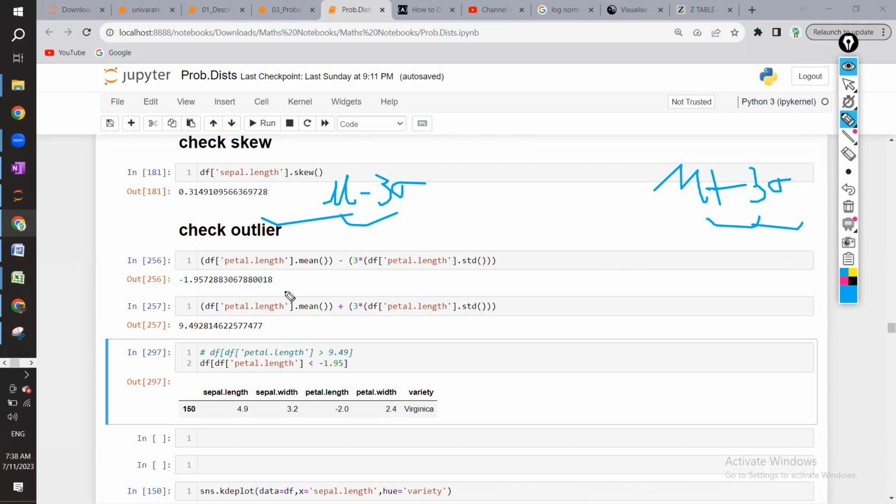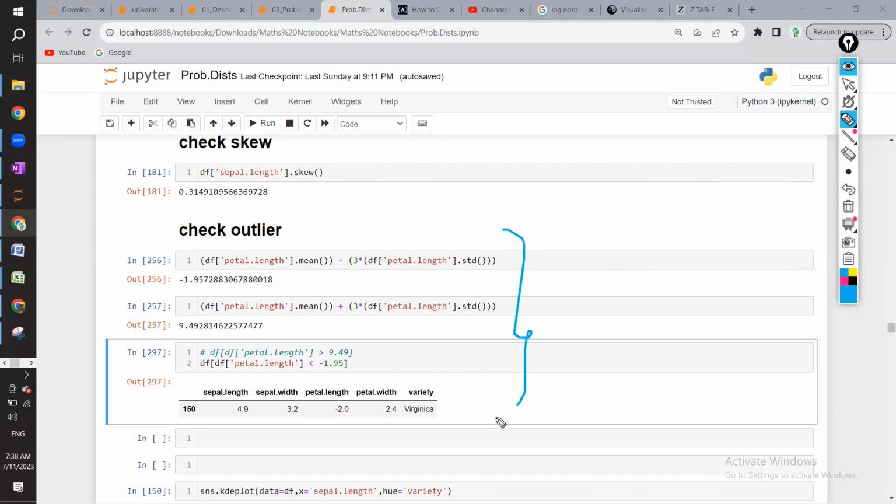Anything less than this will be an outlier. You can put the filter and you'll get all the outliers, and we'll see how to handle these outliers later. But as of now, for simplicity, if you don't want outliers, you can just drop these rows and consider only the other rows.